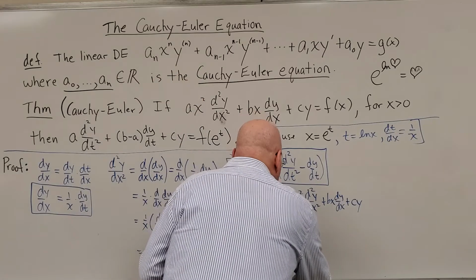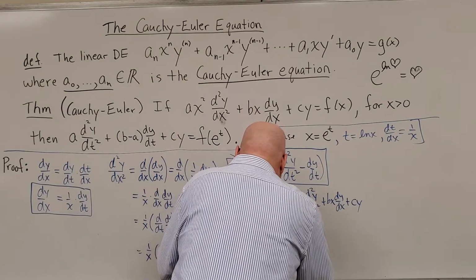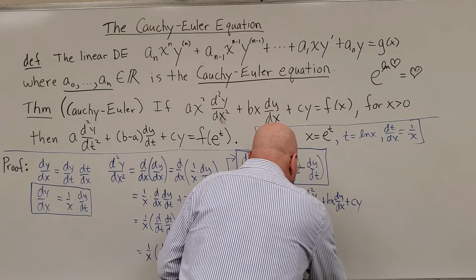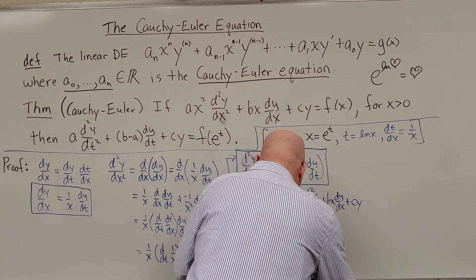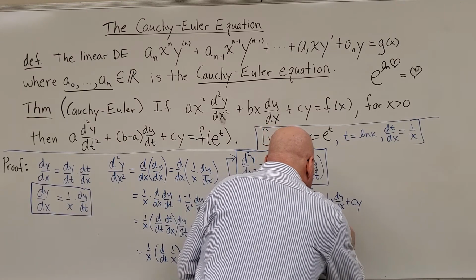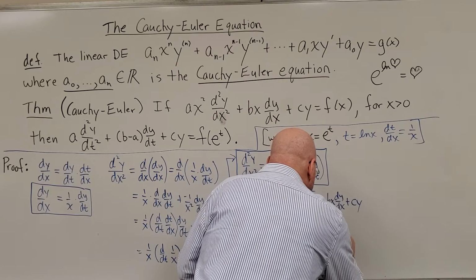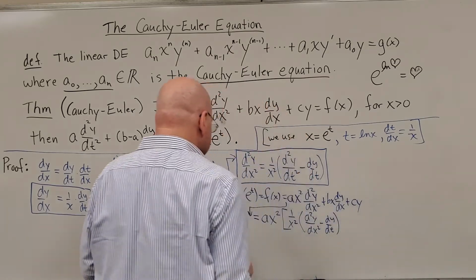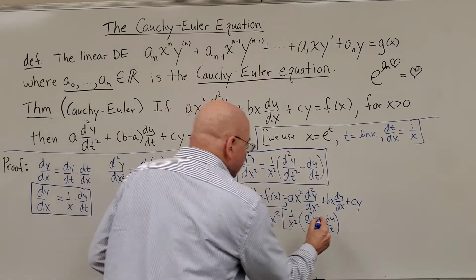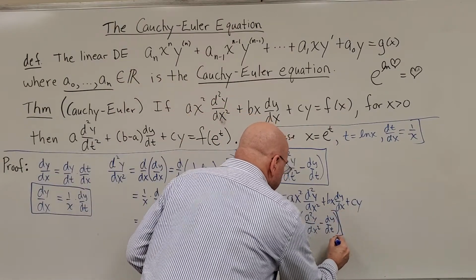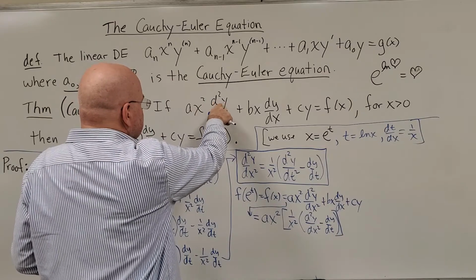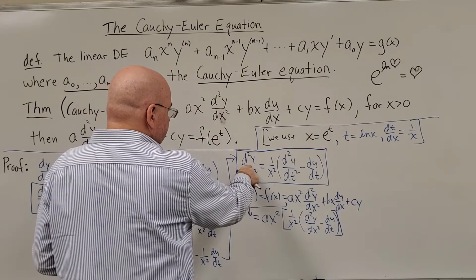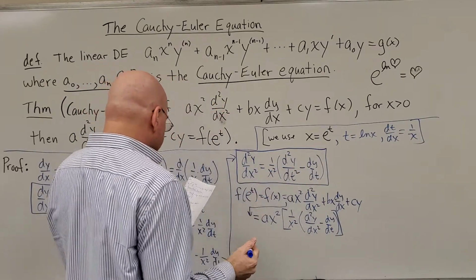So I'm going to have 1 over x squared times, in parentheses, d squared y/dt squared minus dy/dt, closed parentheses. And I can close the bracket, actually. That's just ax squared d squared y/dx squared, which we replaced with that.